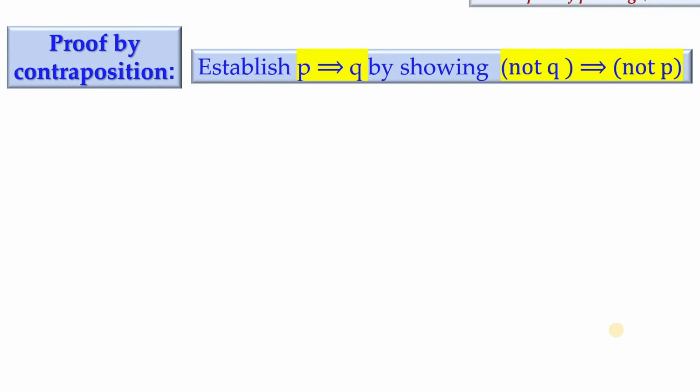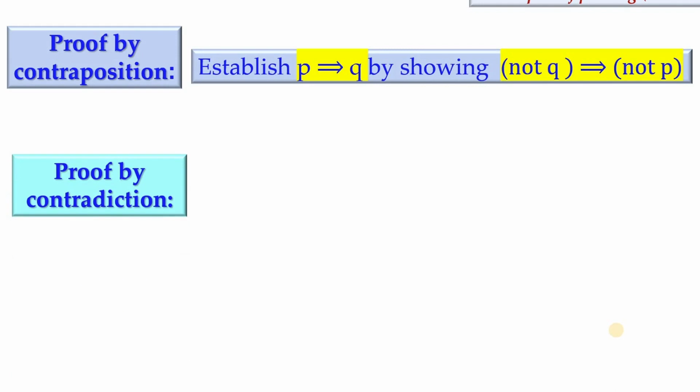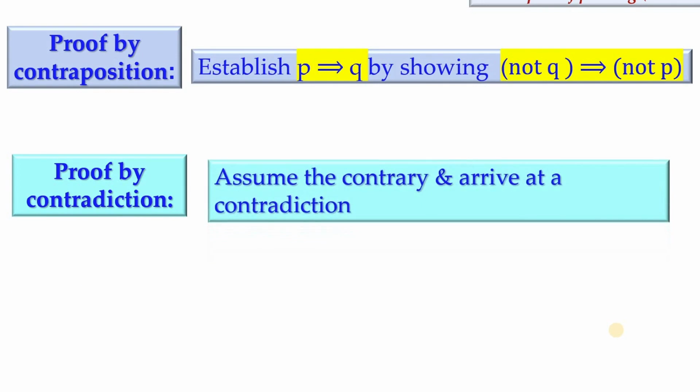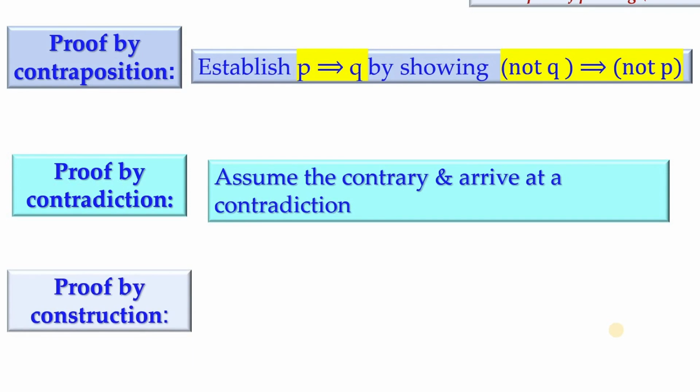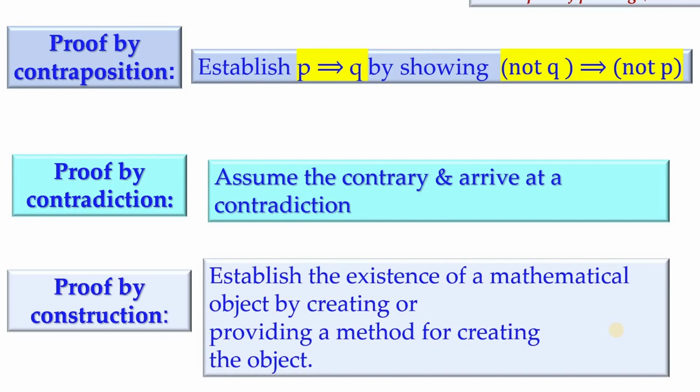Now, in the case of proof by contraposition, suppose you have to establish that P implies Q. Then prove that not Q implies not P. Then proof by contradiction: assume the contrary and, using logical reasoning, arrive at a contradiction. Now, proof by construction: establish the existence of a mathematical object by creating or providing a method for creating the object.